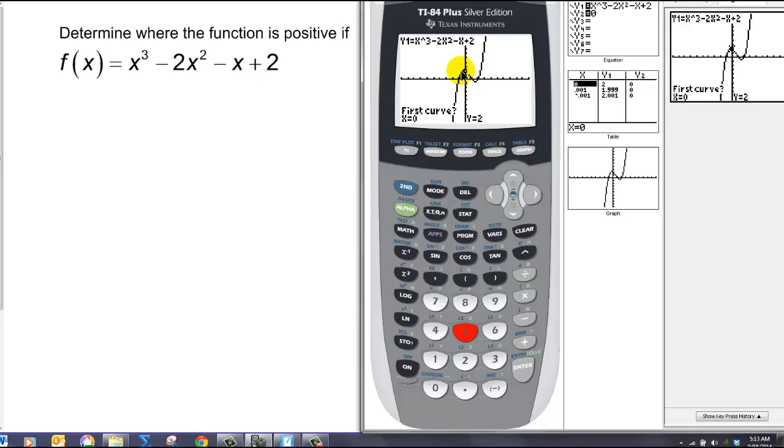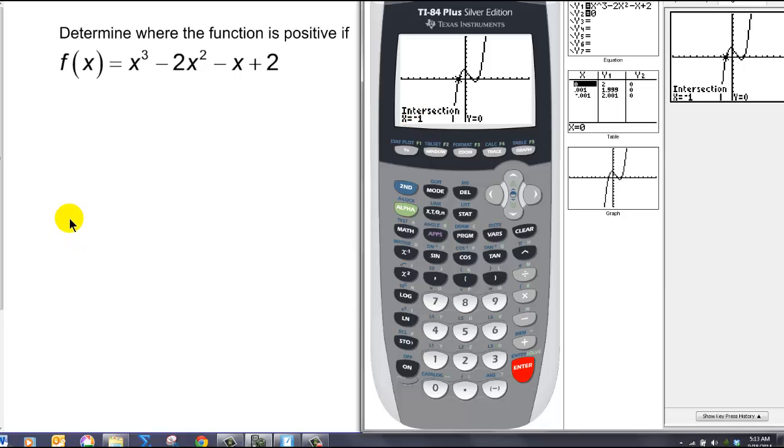So I'm on the curved function now, not the straight line, and what I want to do is take that blinker towards the first intersection point, which is close enough here. So I hit enter the first time, it picks the second curve, which is my horizontal line, then once again uses this guess feature, which means nothing. Hit enter the third time, and here's my intersection point at negative 1, 0.